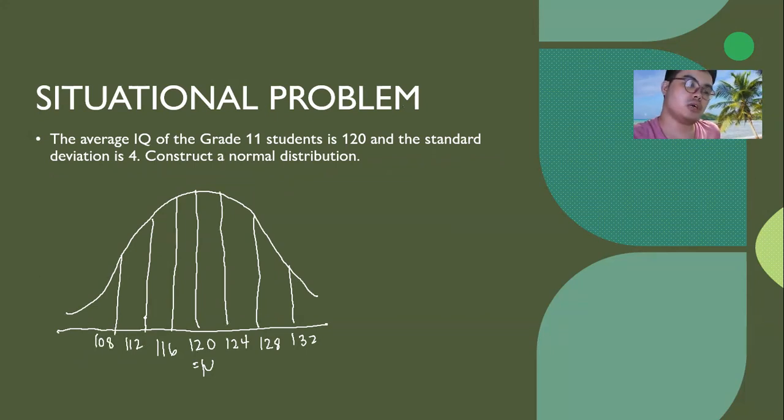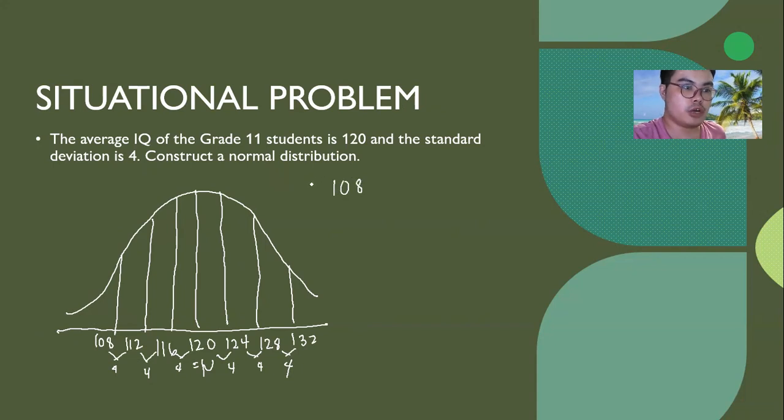We're going to use the concept of the z value. Let me tell you that the common difference is the standard deviation, based on the scores here on this axis. Now we apply the concept of the z value.